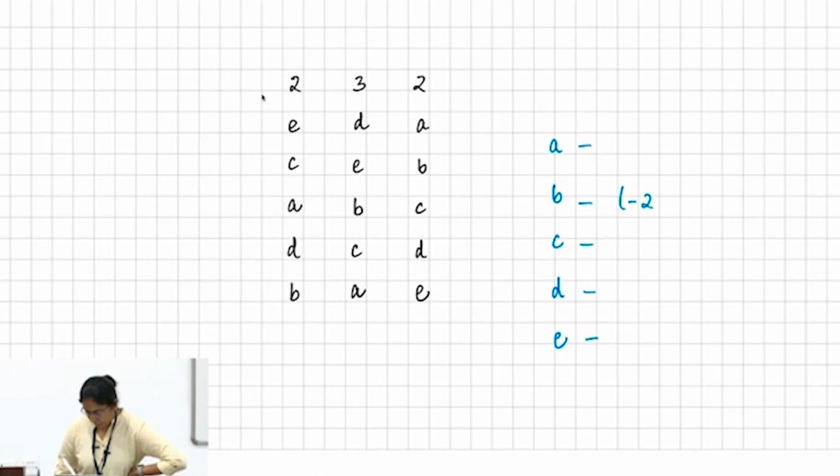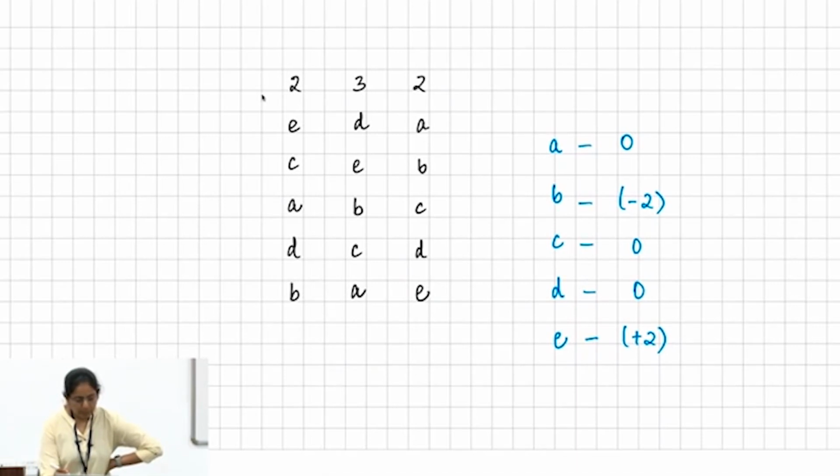B has a Copeland score of -2 and E has a Copeland score of +2 and everyone else has a Copeland score of 0. So what I'm asking is, is Copeland vulnerable to this kind of manipulative behavior? Is it possible for somebody to misrepresent their vote and actually get a better outcome?